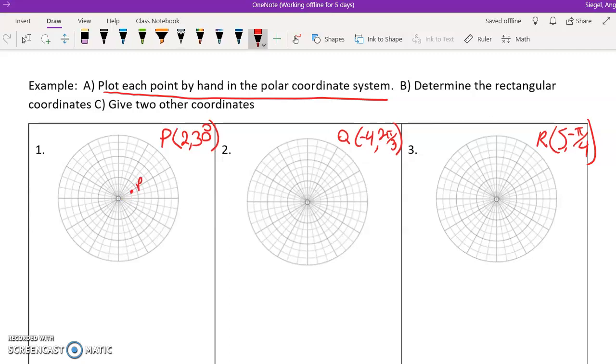Okay, so this is great that we know, from a polar coordinate, where that is. But think about this. This is also going to be on a regular XY plane, and we need to know where that point is from that perspective as well.